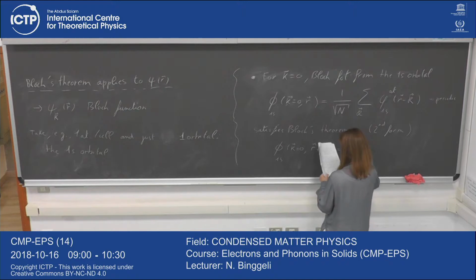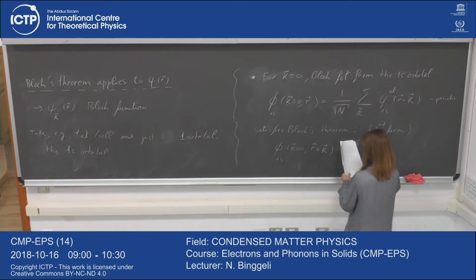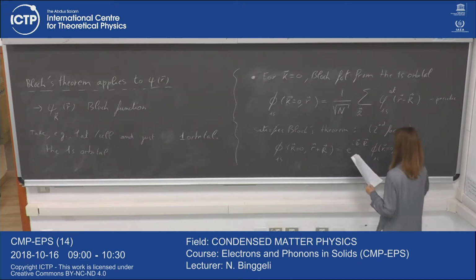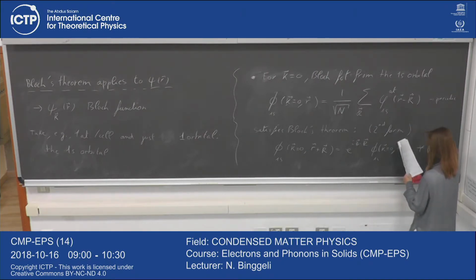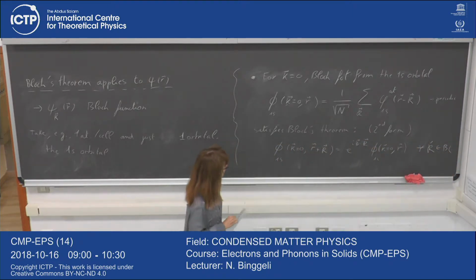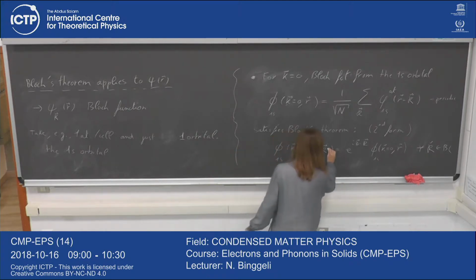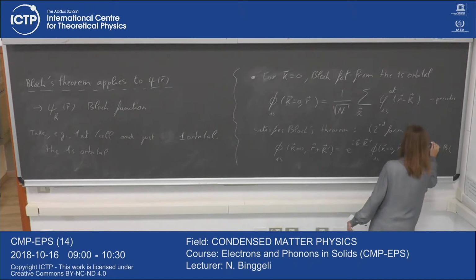Sorry. Phi 1s of k equals 0, R, for any R belonging to the Bravais lattice. So, maybe not to mix R and R prime, I will put an R prime here.